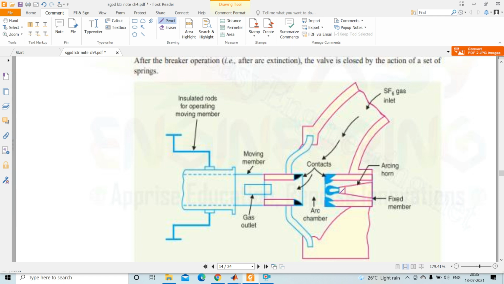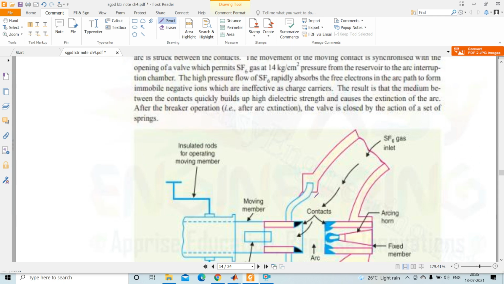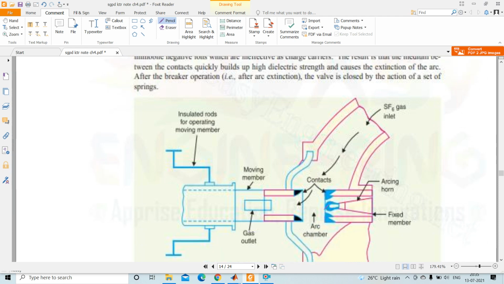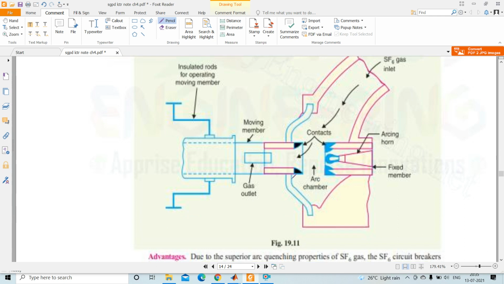When all the ionized particles are removed with the immobile negative ions, there is a buildup of dielectric strength in this medium, and by achieving high dielectric strength, the arc is extinguished automatically. And this is the insulated rod for operating the moving member, to move it back and forward.